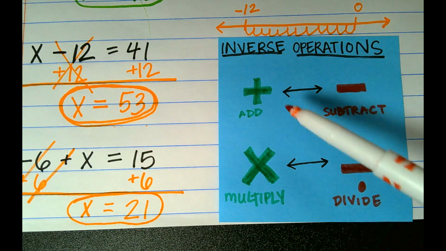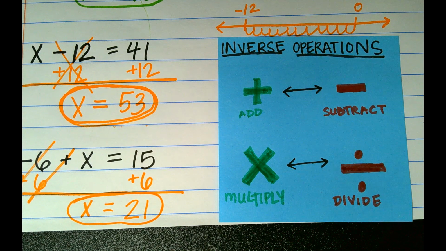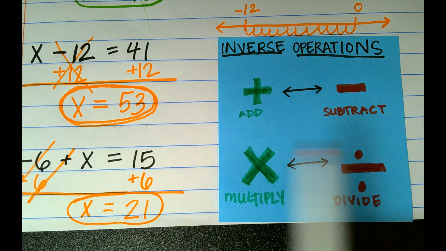So to get addition to cancel out, we subtract. To get subtraction to cancel out, we add. To get multiplication to cancel out, we would divide. To get division to cancel out, we would multiply. We're always doing the opposite.